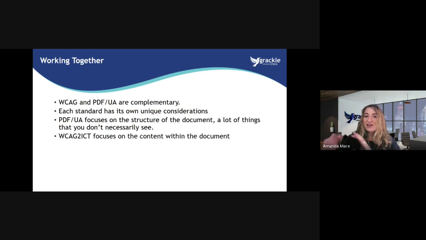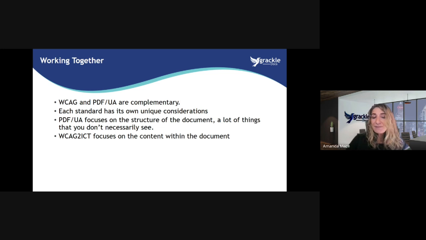Now, in order to apply the principles of WCAG to PDF, we actually need to look not to WCAG, but to WCAG2ICT. So WCAG2ICT is actually not a standard, but a group note from the W3C, who create WCAG. The group who creates it, the Accessibility Guidelines Working Group, of which I am a member, has a group note on how to apply WCAG to non-web content.